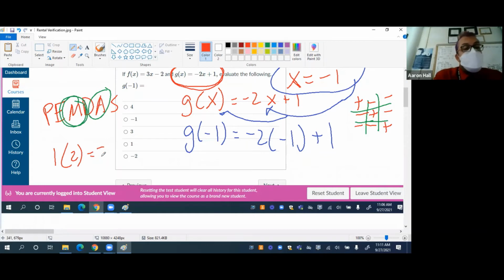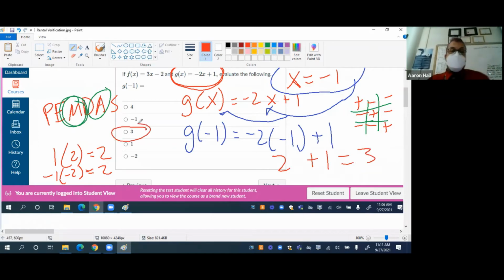It's just 2, yeah. And so what is a -1 times -2? Yeah, it's also 2, because a negative times a negative is a positive. So that gives me 2. I still have this 2 plus 1, which is 3. The answer is 3. The correct answer is 3.